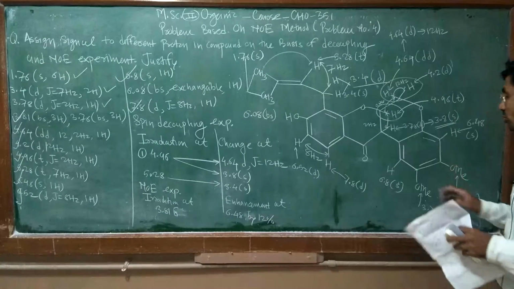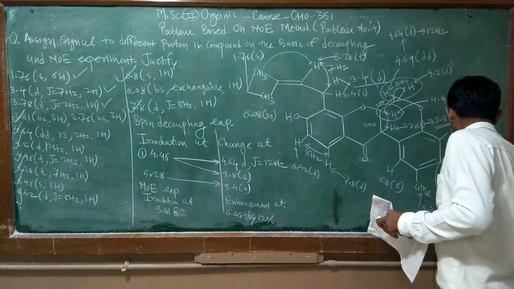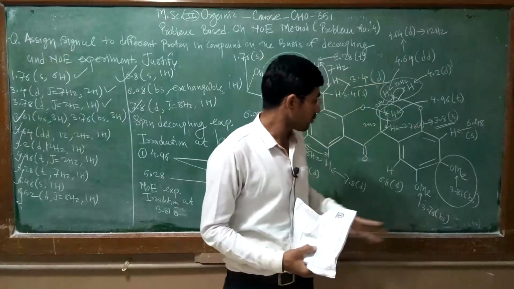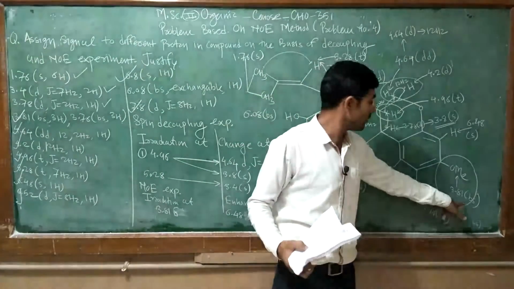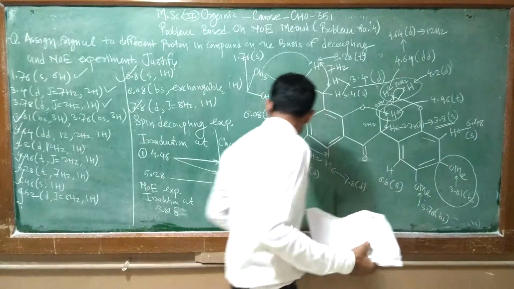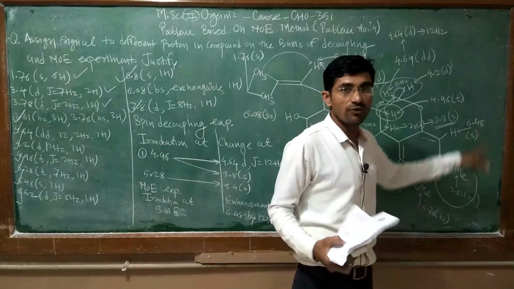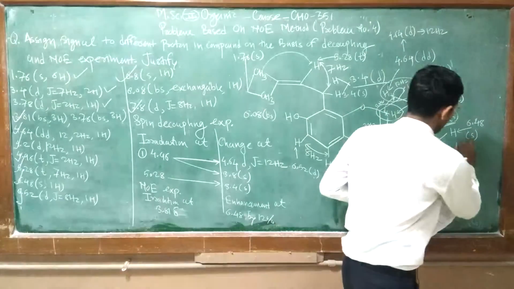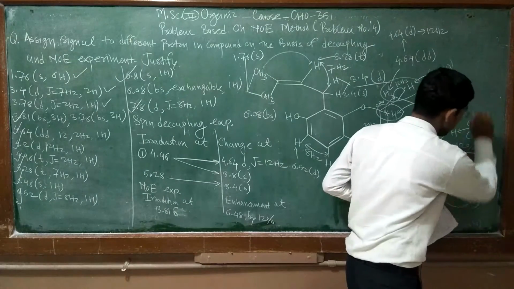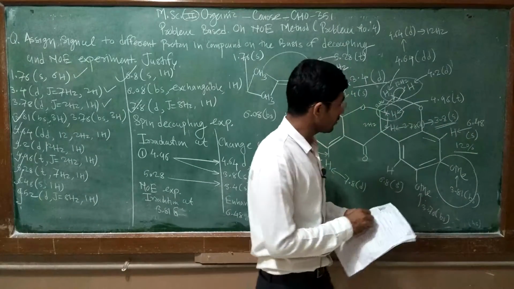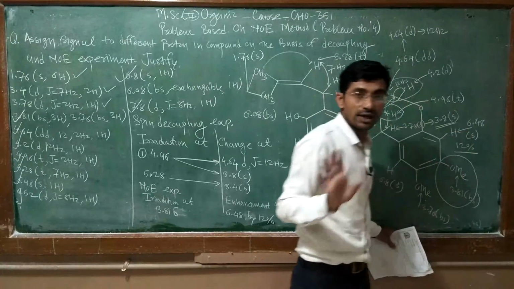If you irradiate this proton 3.81, which shows a singlet as you know very well, the signal at 6.48 is enhanced by 12%. A 12% signal enhancement is observed, so from this we confirm that our assignment of signals is correct.